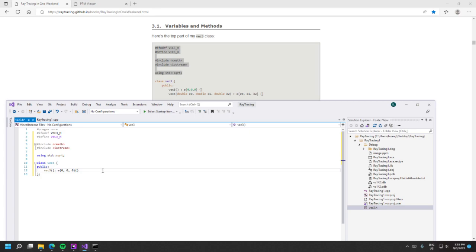Okay, so this is the default constructor, and this is the constructor that takes 3 double values. Everything here is very understandable, I would say.